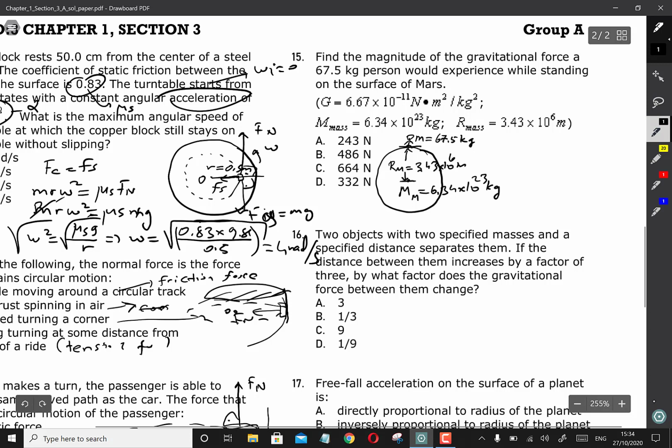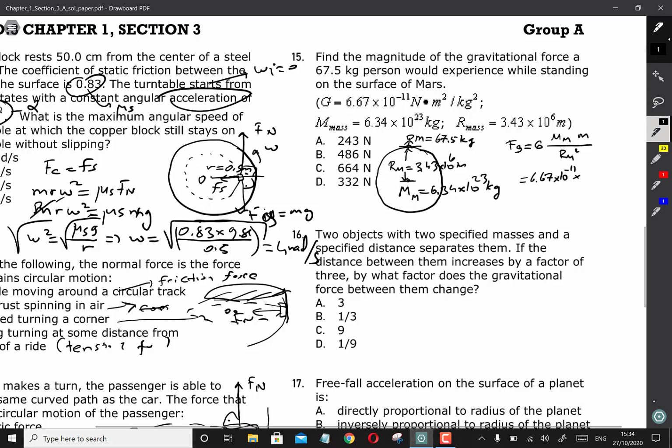So calculate the magnitude of the gravitational force, Fg. You know that Fg can be calculated by capital G, first mass of Mars, second mass of man, divided by the separation between the two masses, which is the radius of Mars, but squared. Okay, G is 6.67 times 10 to the power of negative 11, multiplied by the mass of Mars.